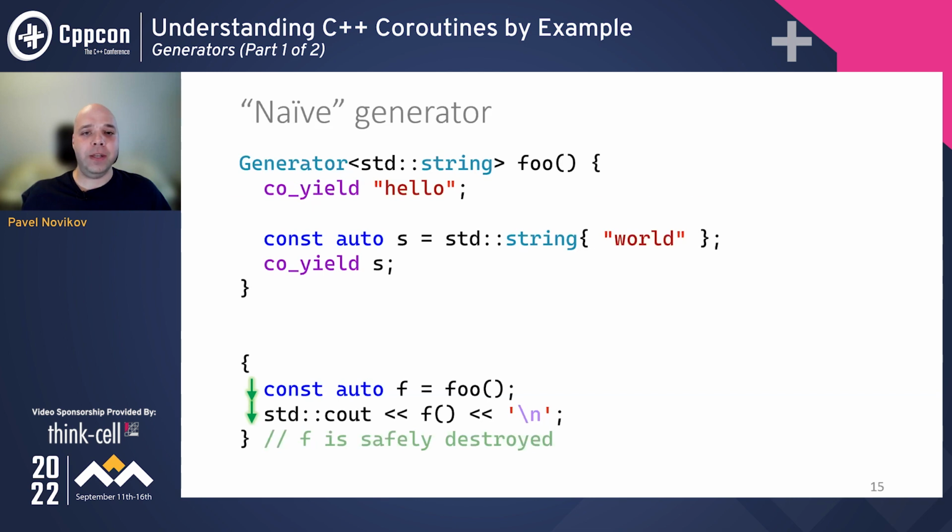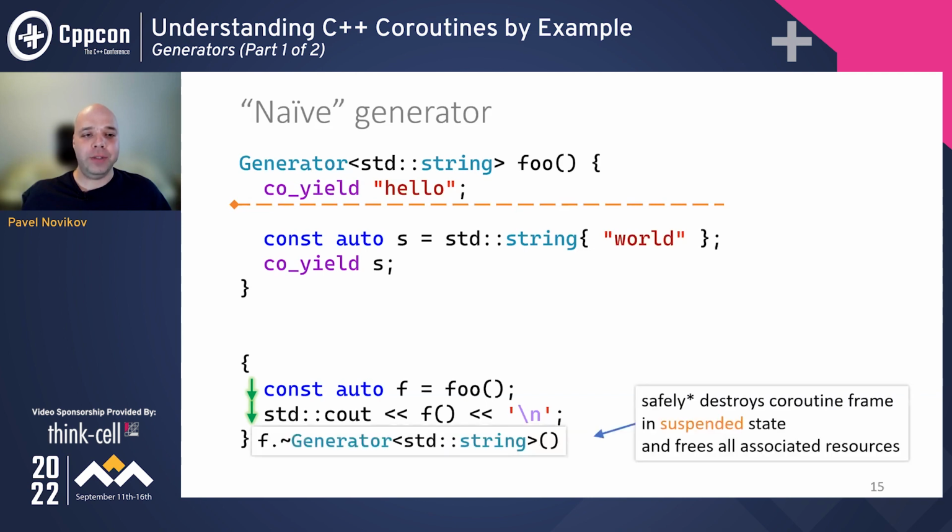And in this case, the coroutine is suspended after the first co_yield, and we know that it has more values to potentially yield. But at this point, we are done. We can safely destroy the generator and the coroutine and all the resources that it holds.